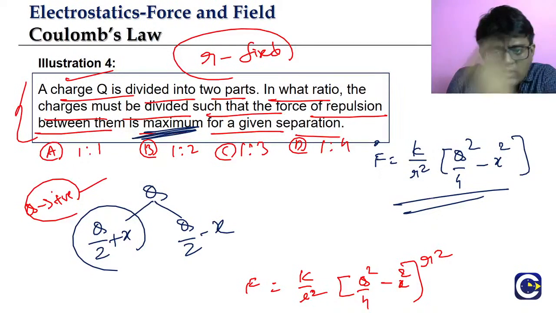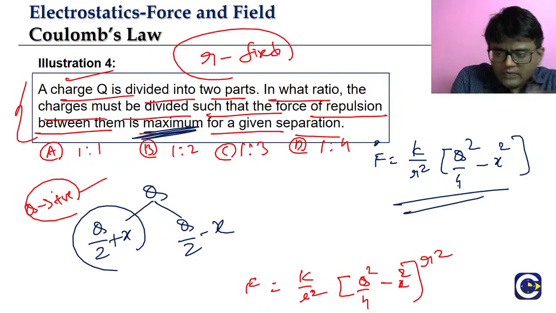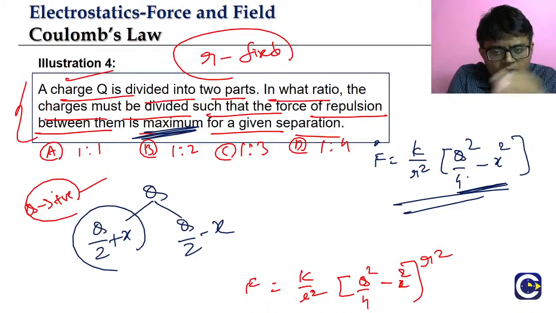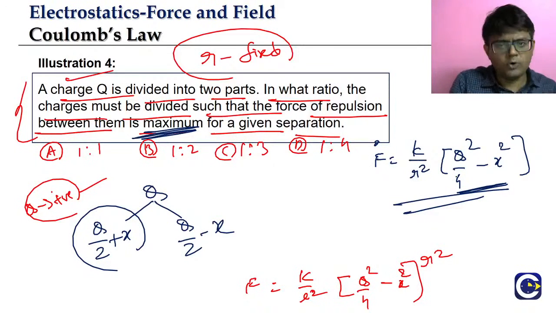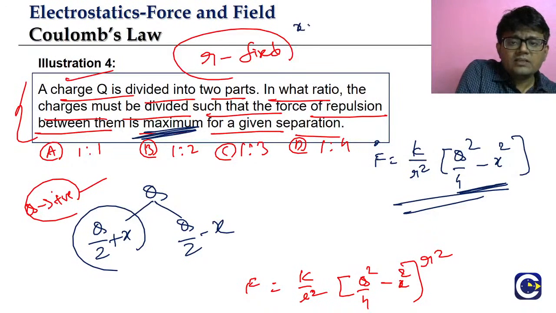But ஒரு தடவை நீங்க க்ளோஸா அப்சர்வ் பண்ணா what are we doing actually? In the q square by 4 ல இருந்து we are subtracting x square. நமக்கு என்ன வேணும்? Force should be maximum. See, x value என்னலாம் இருக்கலாம்?